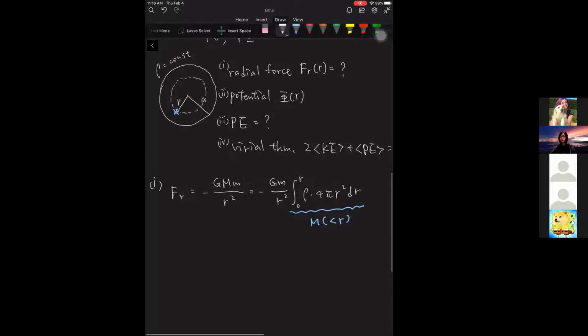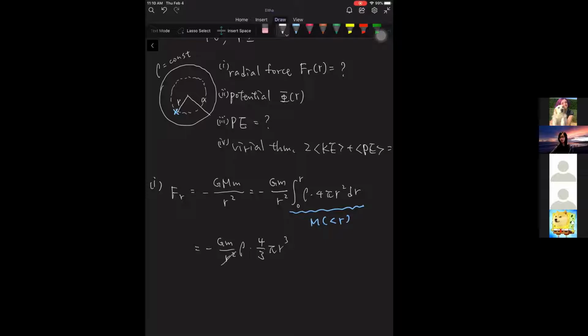Since we're considering a uniform density sphere, we actually don't need to do the integration. The mass is just rho times the volume, 4/3 pi r cubed, since rho is a constant.